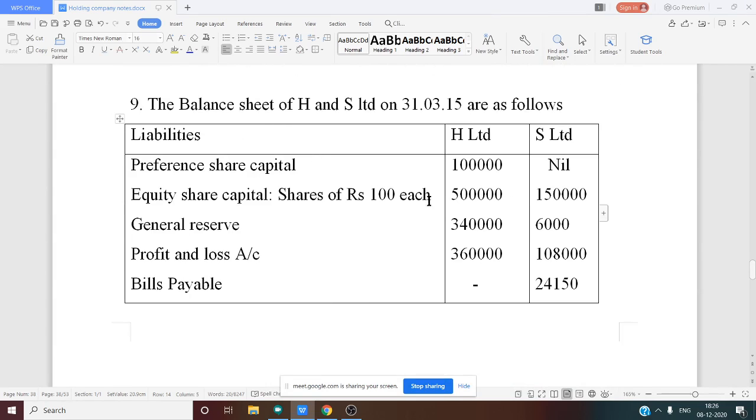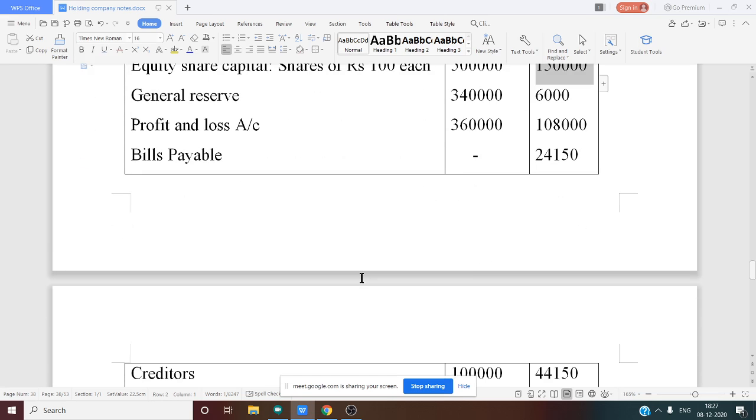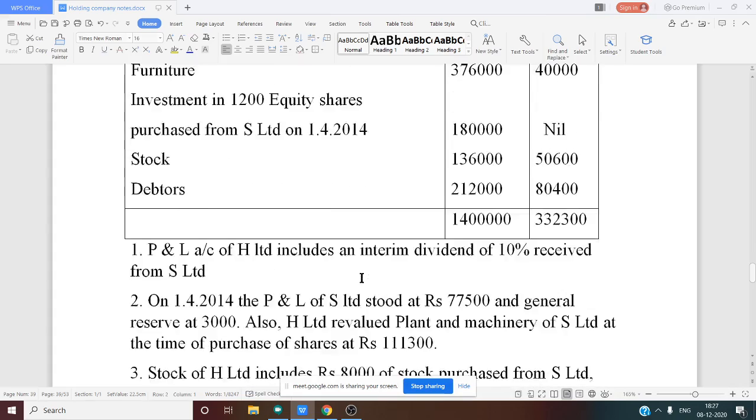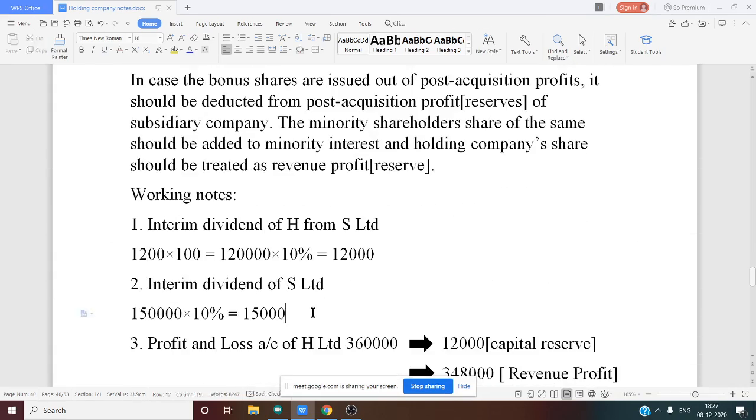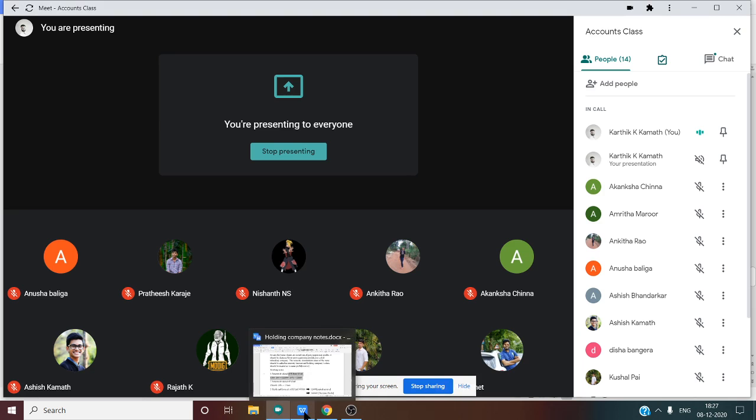The equity share capital given is 1,50,000, shares of 100 each. So on 1,50,000 take 10%. 1,50,000 into 10%, what is the amount? That is 15,000. So the interim dividend of Yes is 15,000. You can say that out of this 15,000, 12,000 goes to the holding company. In short, like that also you can understand this.